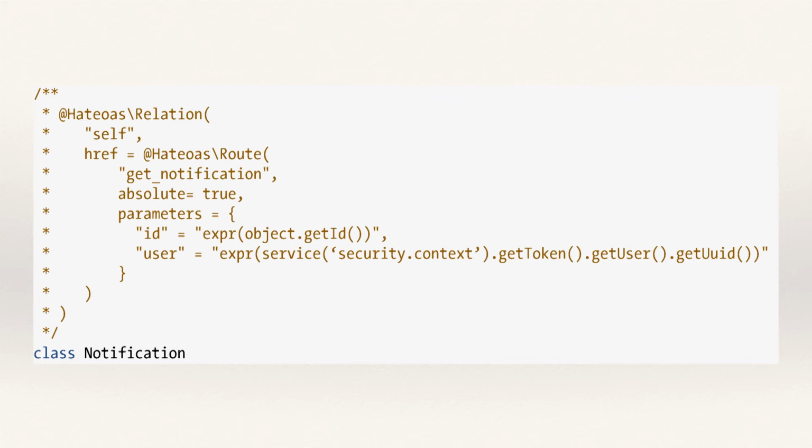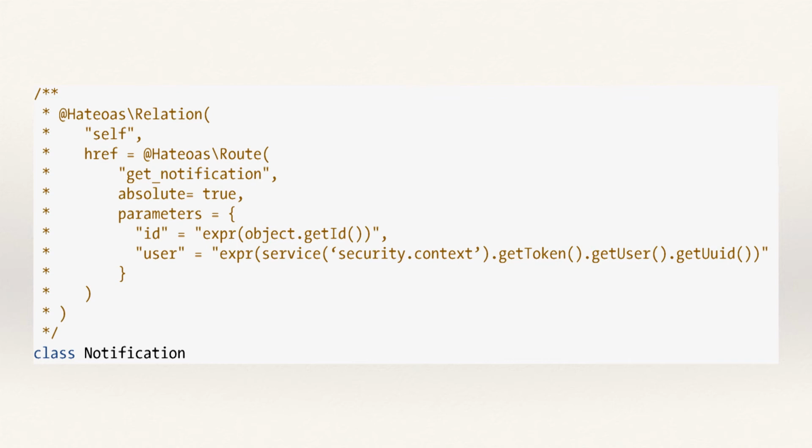I have the href, and href uses the other annotation, HATEOAS route, and it's about generating a route. And yeah, I have a route with the name get notification. I want it absolute.